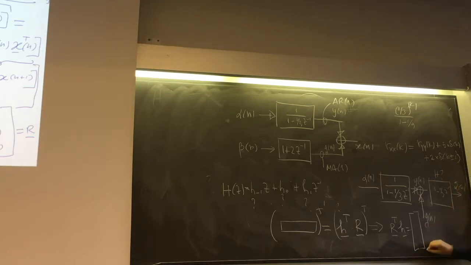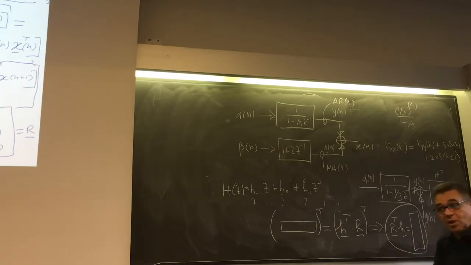I found a solution because I need to invert R. And once I invert R, I have a solution. But R contains the autocorrelation. And we already computed the autocorrelation because it's here. So we know everything about the problem. Now, we don't know the column.